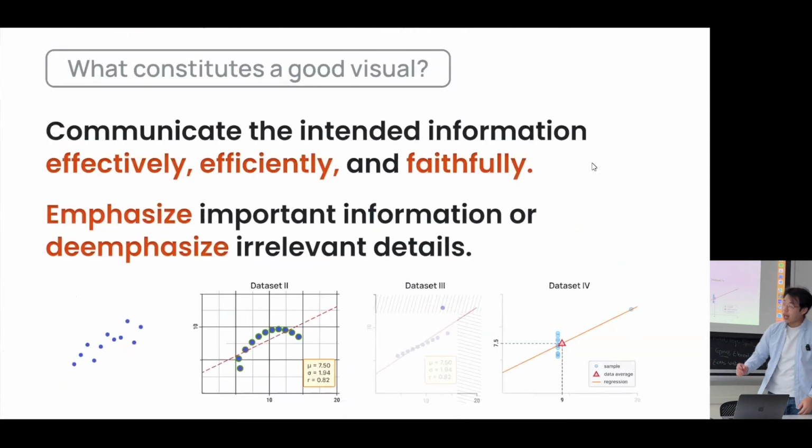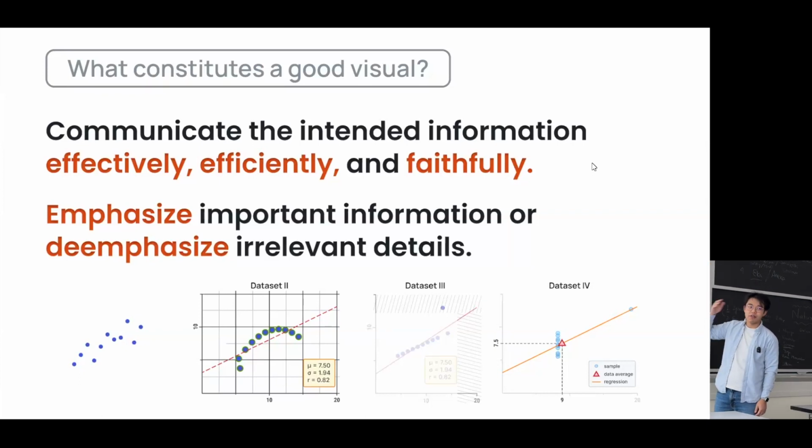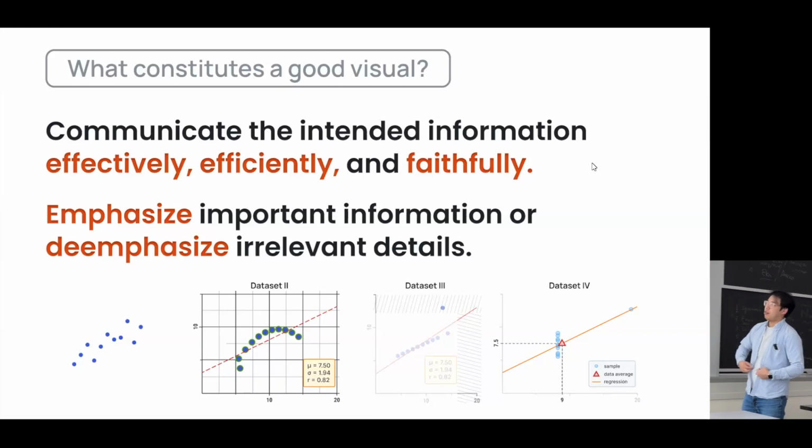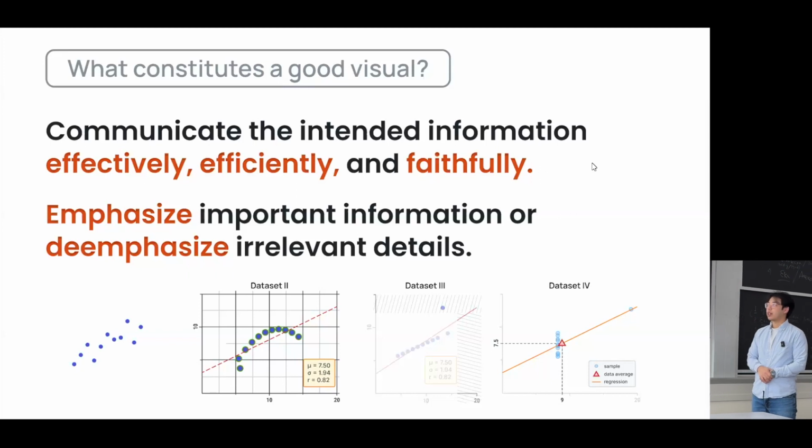In order to do that, we can go back to some of the earlier concepts we just covered in the class. For example, what constitutes a good visual? We talked about how a good visual should help us communicate the information effectively, efficiently, and faithfully.